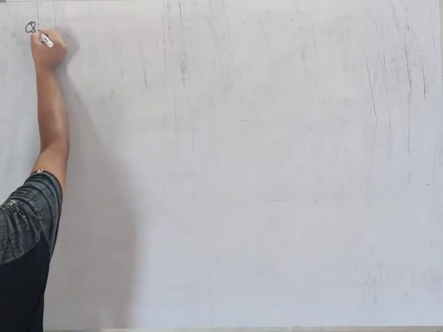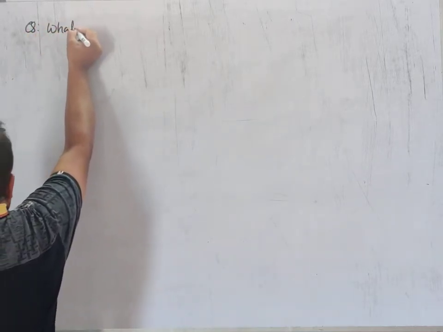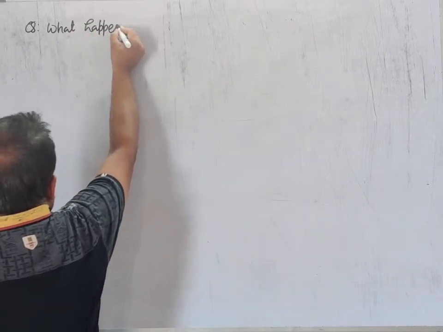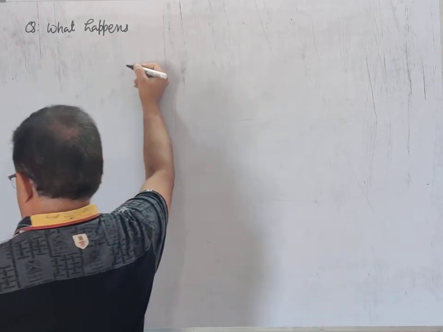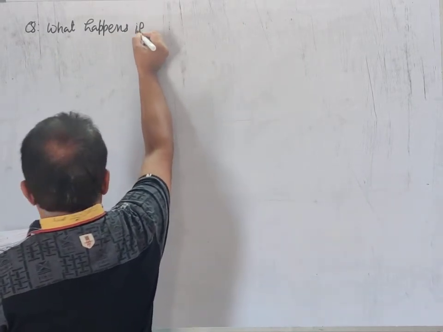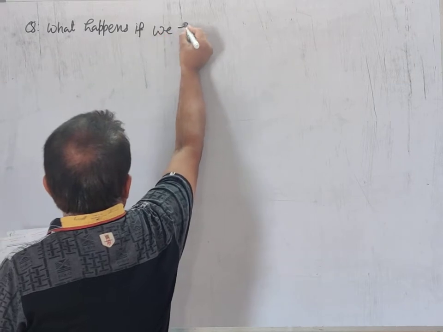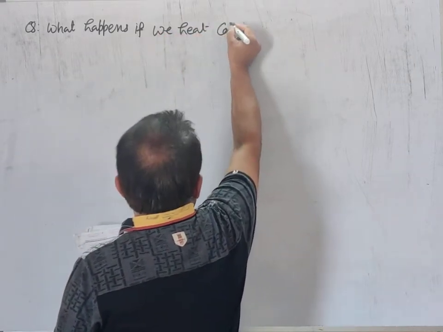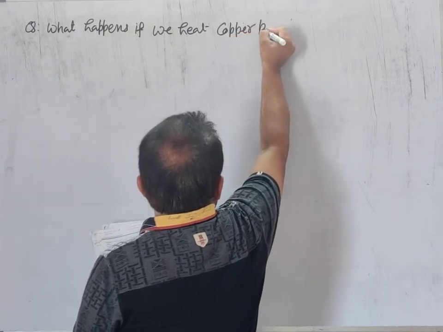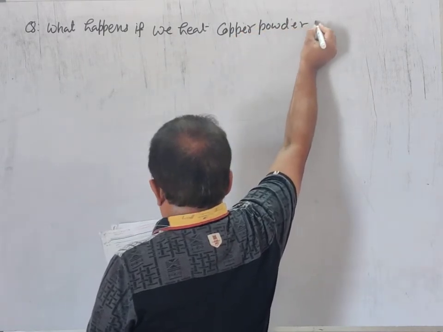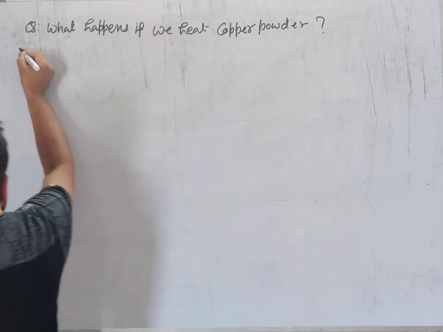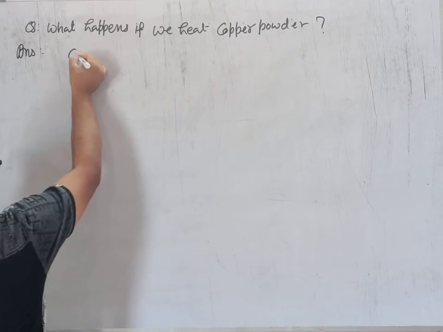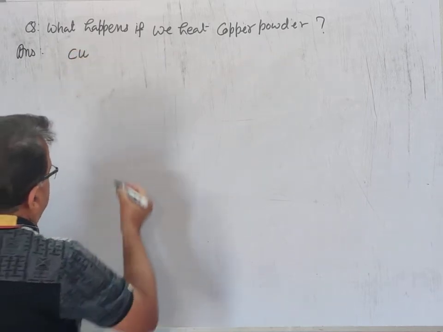Question: what happens if we heat copper powder? Now the answer: what happens if we heat copper powder? Cu is the symbol of copper or copper powder.